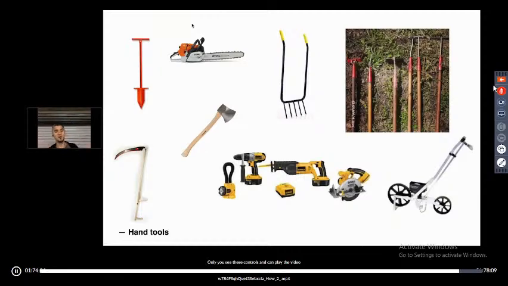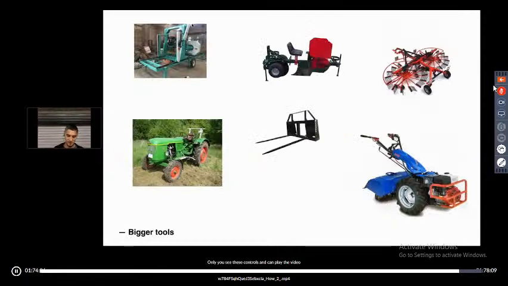And then also the bigger tools, like tree planters or tractors or sawmills or walk-behind tractors. So this is all the mobile infrastructure that you can acquire that is quality, that you can use, that can pay for itself, and you can take it wherever you go.